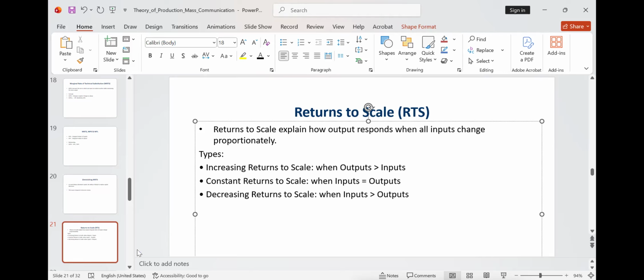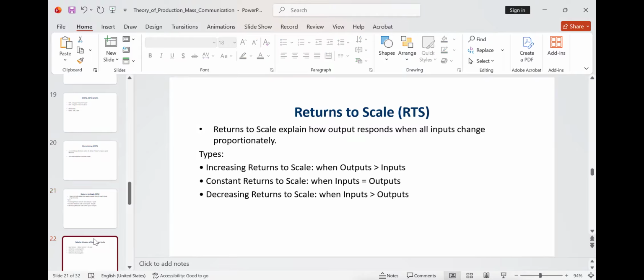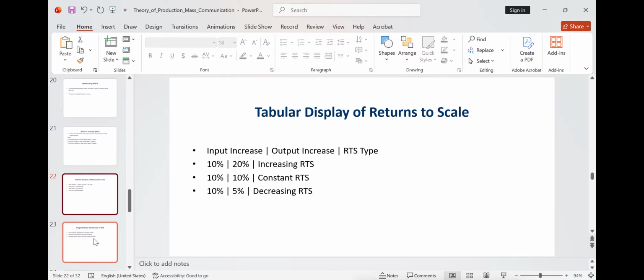Okay, so let's move on. We also have the tabular display of returns to scale. If input increases by 10% and output increases as well, then you can determine the kind of returns to scale.